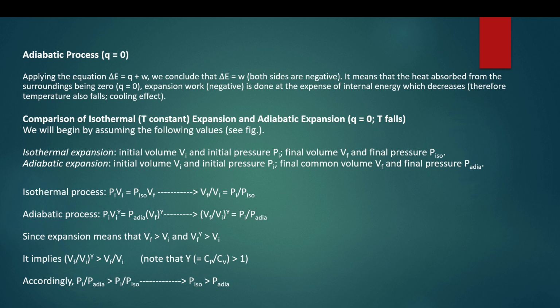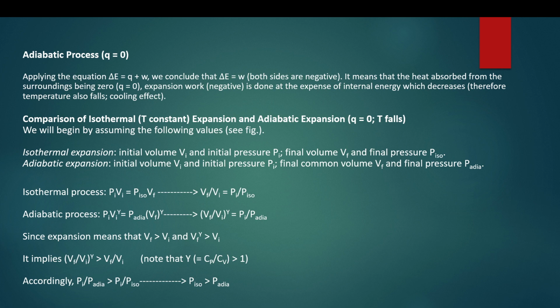Isothermal expansion: initial volume Vi, final Vf, initial pressure Pi, final pressure P iso. Adiabatic expansion: initial volume Vi, initial pressure Pi, final common volume Vf, and final pressure P adiabatic.